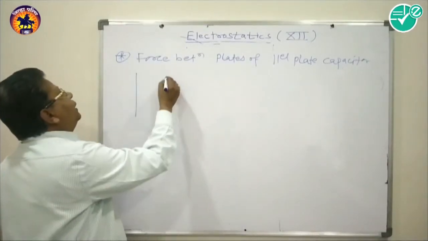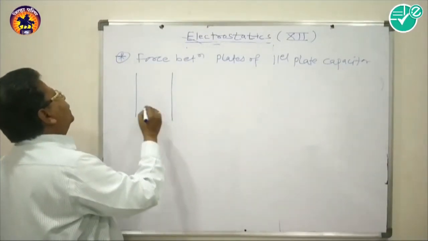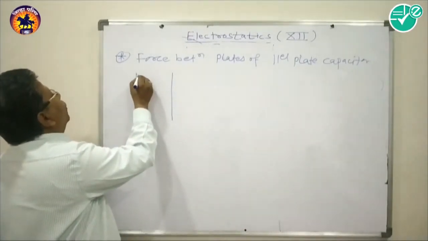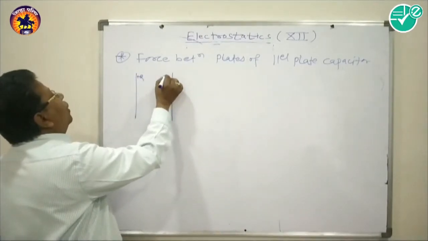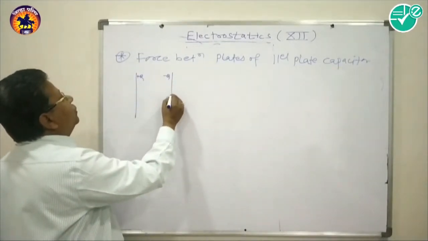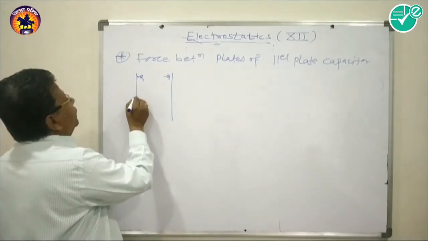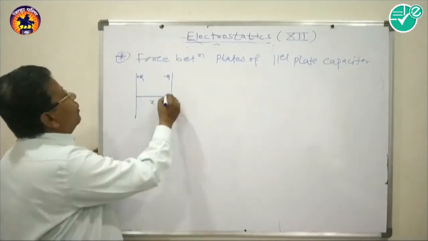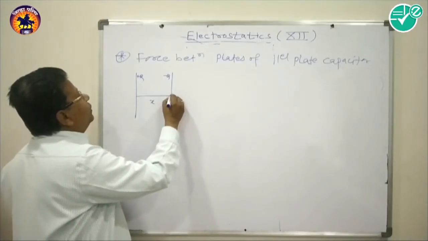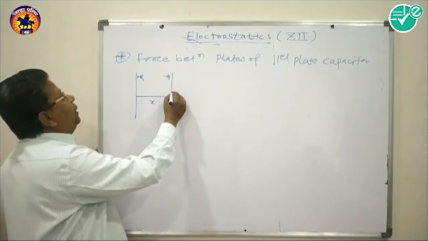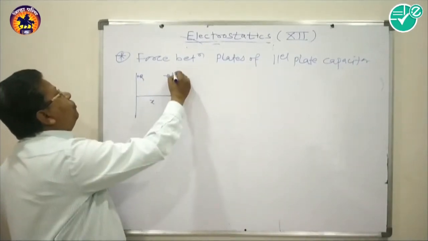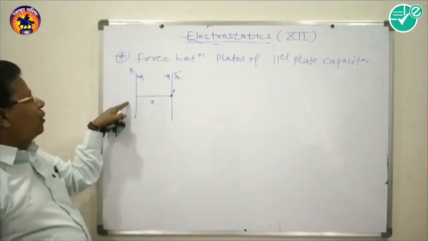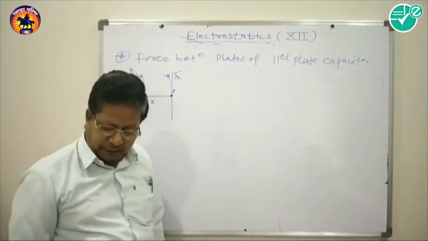As we know, in case of a parallel plate capacitor, there are two plates separated by a small distance. On one plate the charge is plus Q, on another plate the charge is minus Q. Suppose this is the distance x, and we want to find the electric field intensity at this point P on plate P2 due to charges present on plate P1.